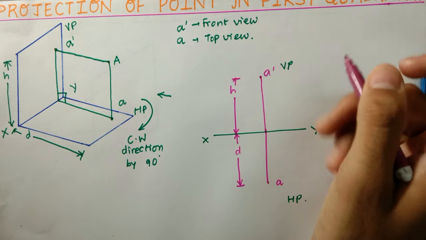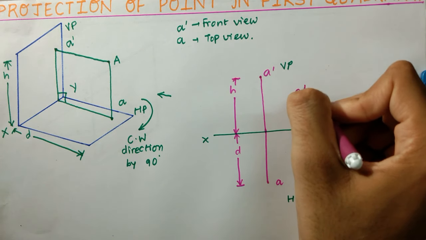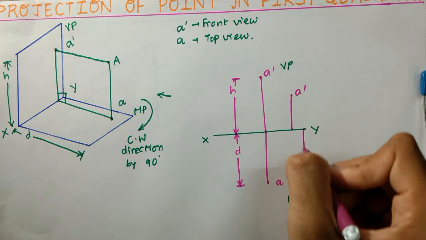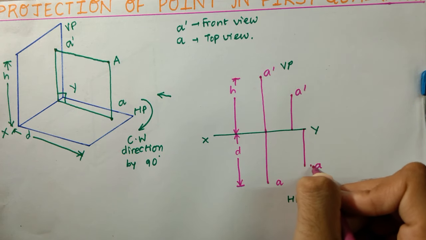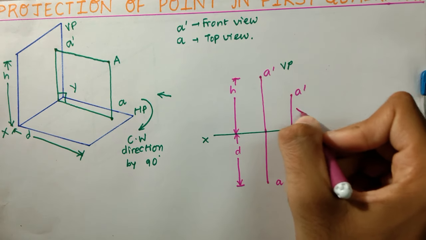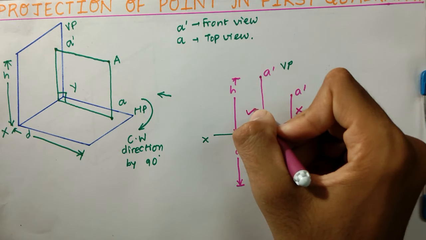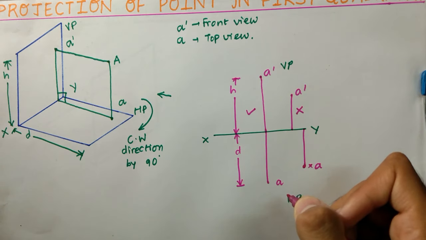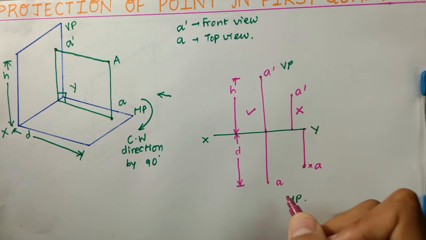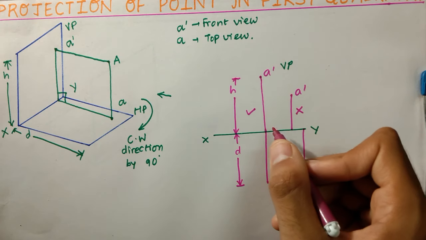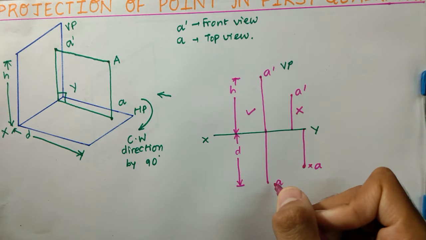Drawing the front view and the top view in such a manner, A dash here and somewhere A here, and joining them like this is not found to be a correct manner, but this is considered to be the correct manner for joining the front view and the top view. Hence, front view and the top view must lie in the same line. So guys, this is all about the first quadrant. An important point to be kept in mind is that in the first quadrant, the front view always lies above the top view.